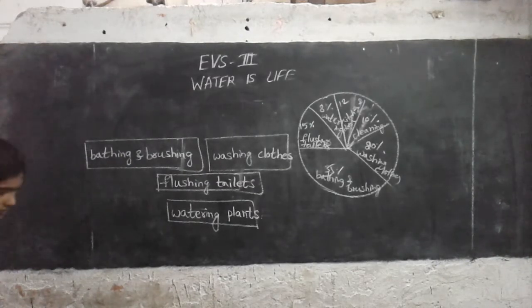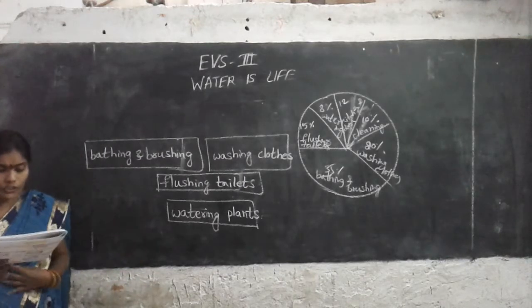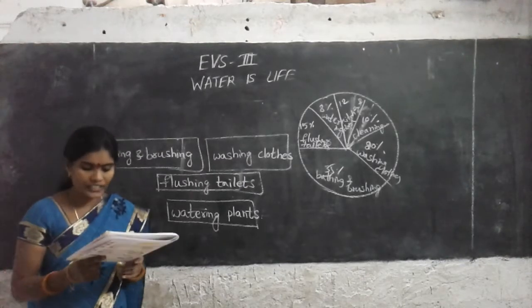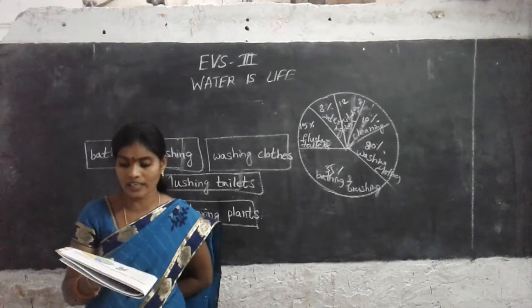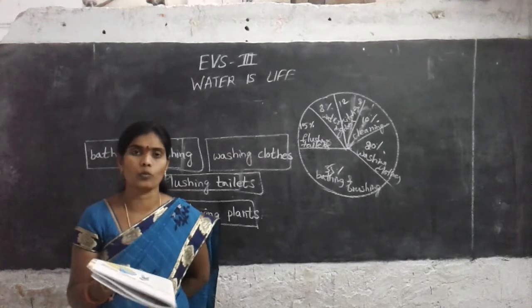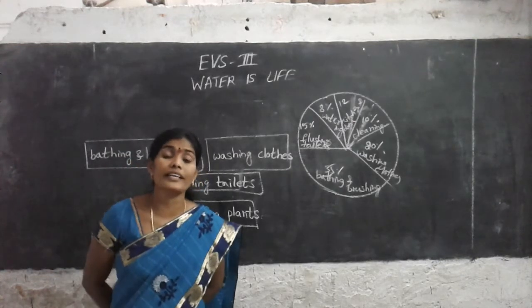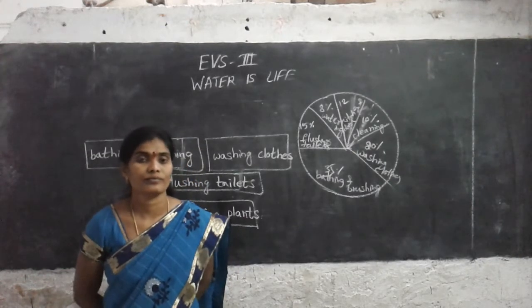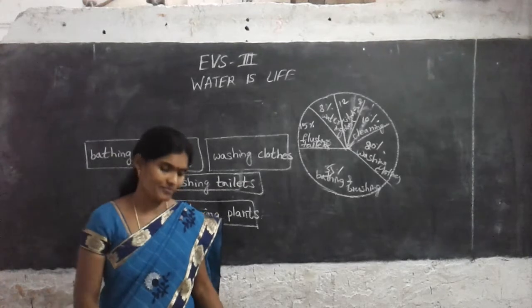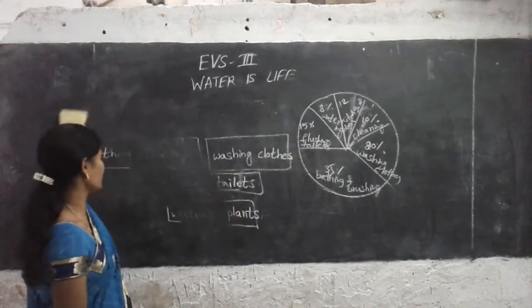Next, according to you, in which activity should the family lessen their water consumption? How? In which activity is your family using less water, and how? We have to write that answer. Okay, I am writing about myself.